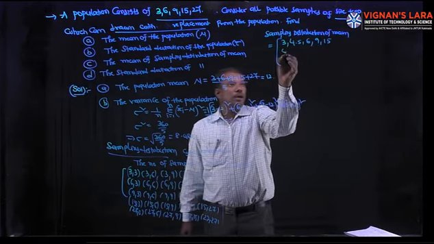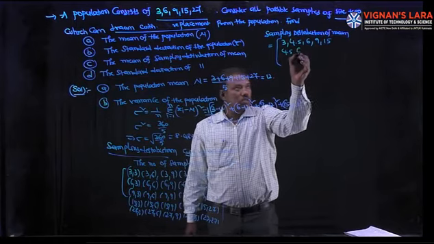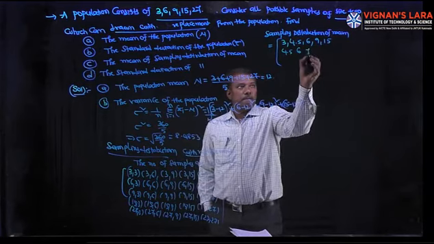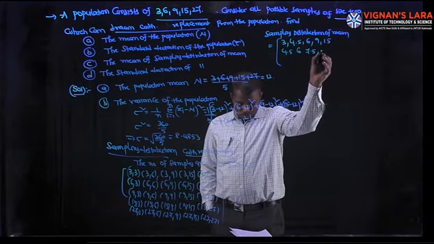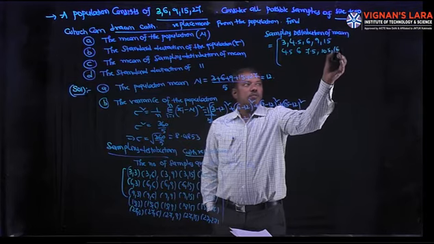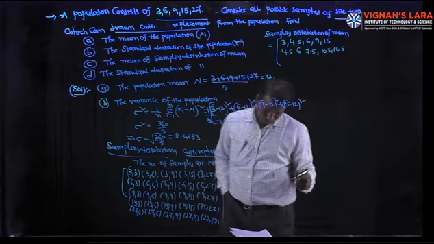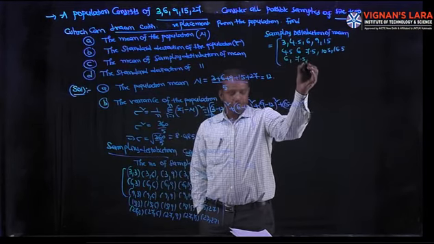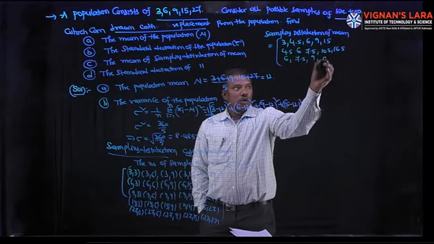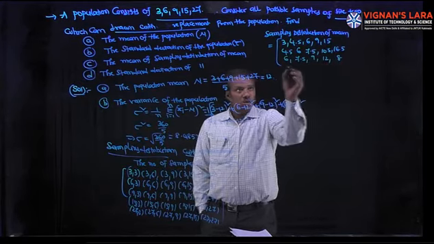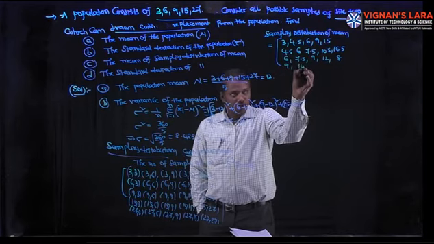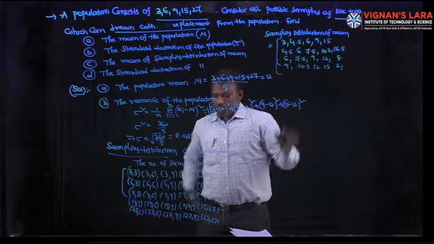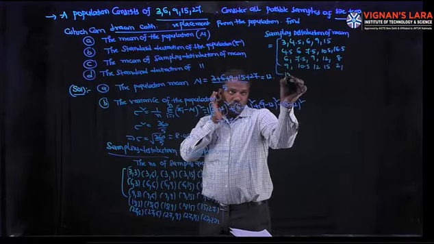Next 4.5, 6, 4.5, 6, 7.5, 10.5, 16.5. Next 6, 7.5, 9, 12, 16.5. Next 9, 10.5, 12, 15, 21. Last row 27, 3, 30, 30 by 2, 15.